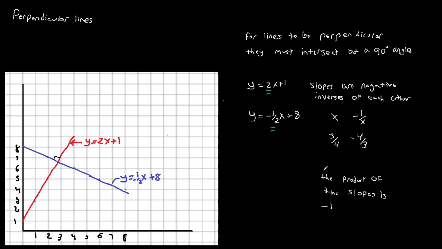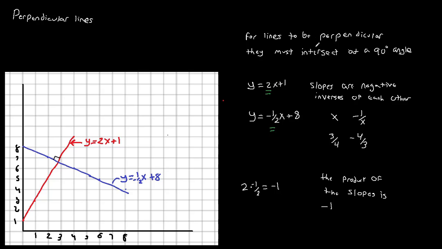Right, the product of the slopes is negative 1. So what does that mean in this scenario here? It would mean that 2 times negative 1/2, I keep forgetting the negative. And what's that going to be equal to? Well, the 2 here would cancel out with the 2 here, and you'd be left with a negative 1, right?